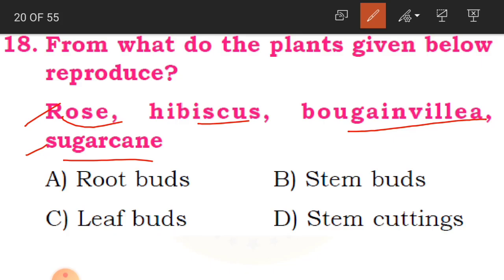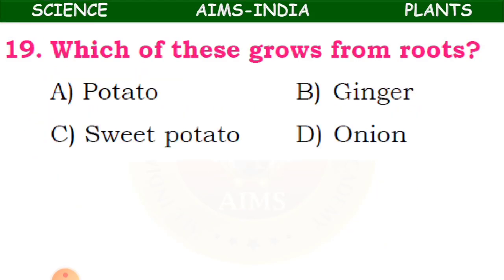Whether from the root buds, the stem buds, the leaf buds or the stem cuttings. What we learned, children? Like rose, hibiscus, all these plants can be reproduced by stem cuttings. Clear, children? So D option is the correct answer.